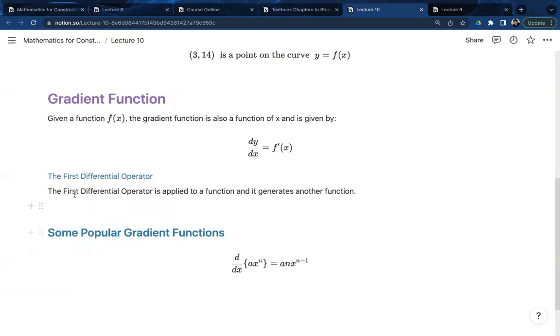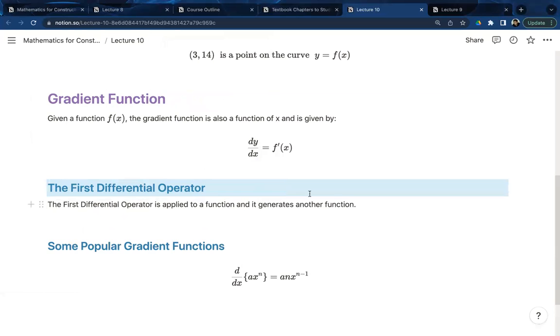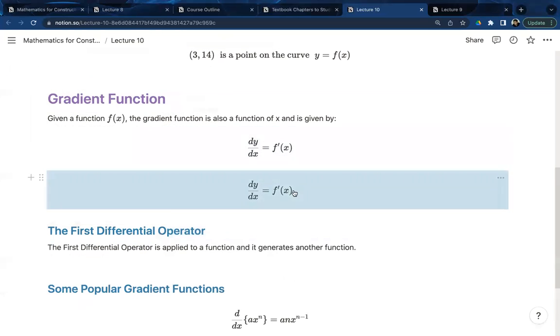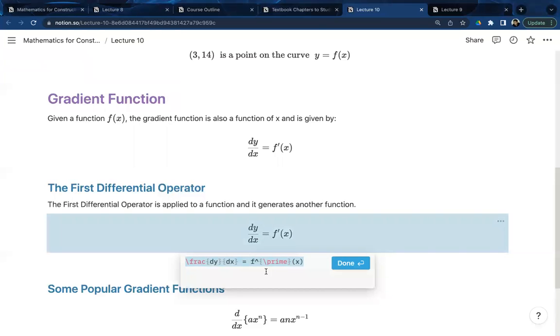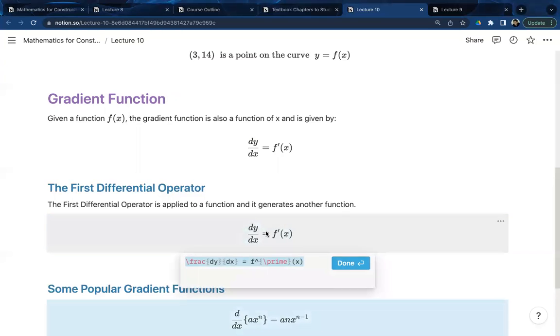You have to spend a little bit of time, but it's all right. You've got to get used to it. So d dx is the first differential operator. And when you apply it to some function f of x, what you end up getting is f prime x, right?